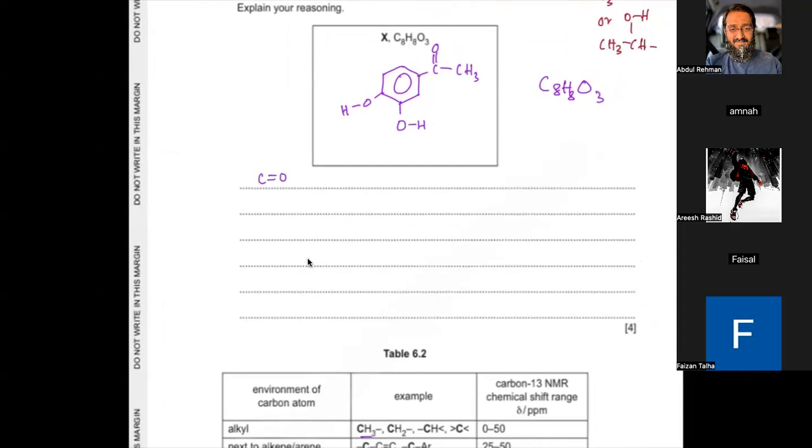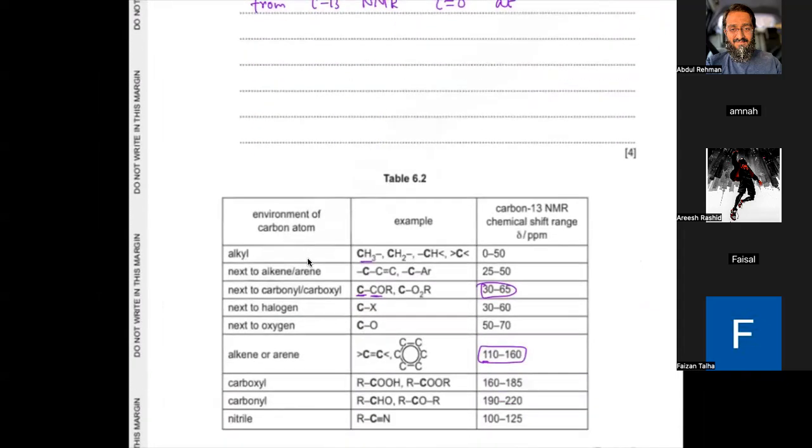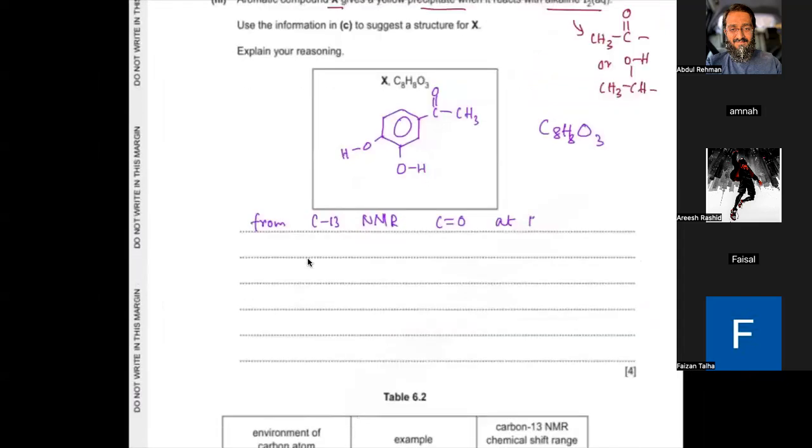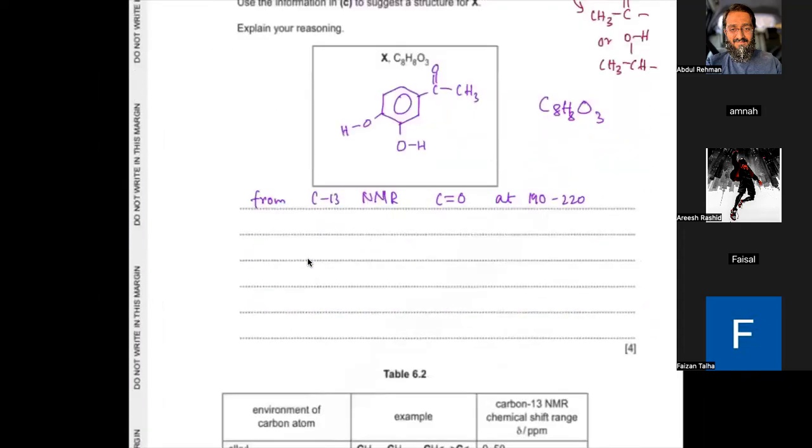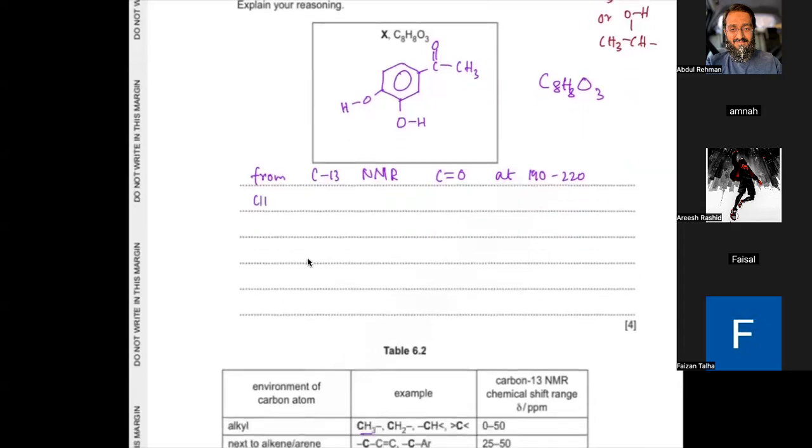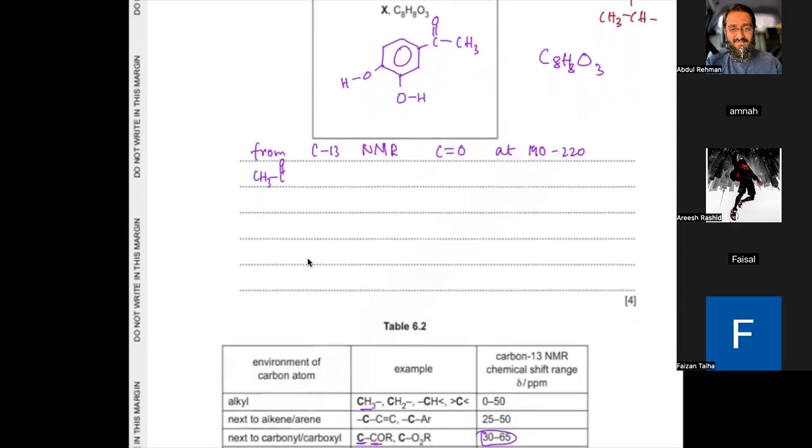From carbon-13 NMR: C=O at 190 to 220. CH3-C=O at 30 to 65.